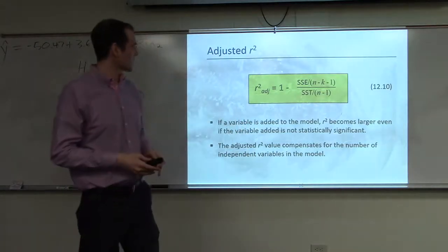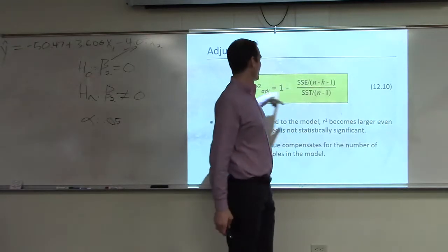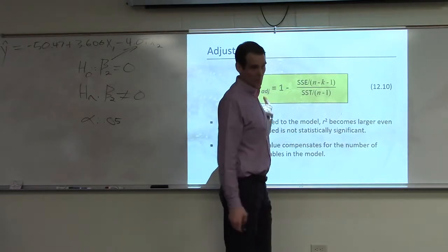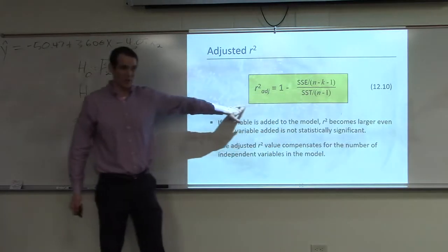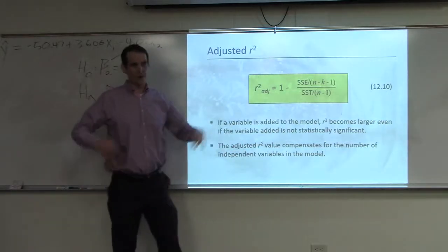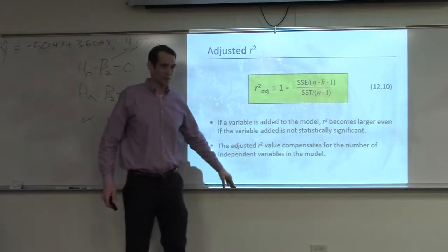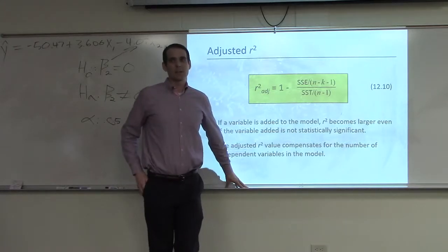So adjusted R-squared just penalizes as you add more and more independent variables. Adjusted R-squared gets lower. And that's all you need to know about adjusted R-squared. When somebody comes up to you and says, my R-squared was 97%, you can say, well, what was your adjusted R-squared?